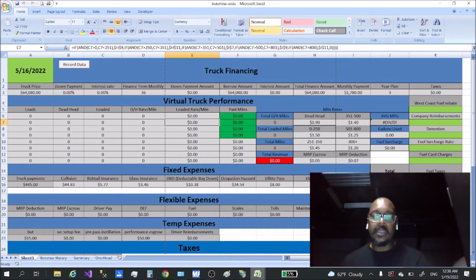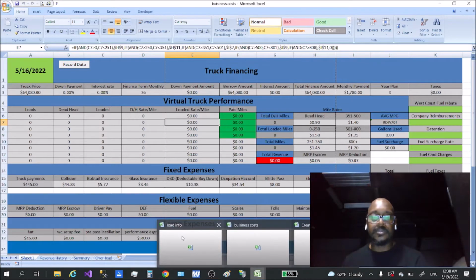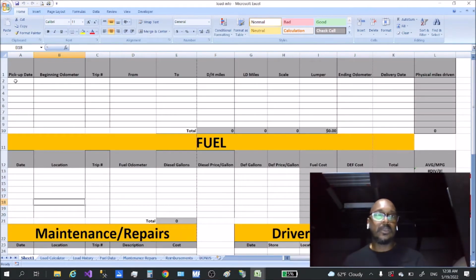All right. So let's go ahead and jump right back into the load information. I did run three loads. Well, actually, I ran two loads. One load didn't make it to my pending settlement, because I didn't scan my bills over. They said, well, if you don't scan your bills, you can't get paid.